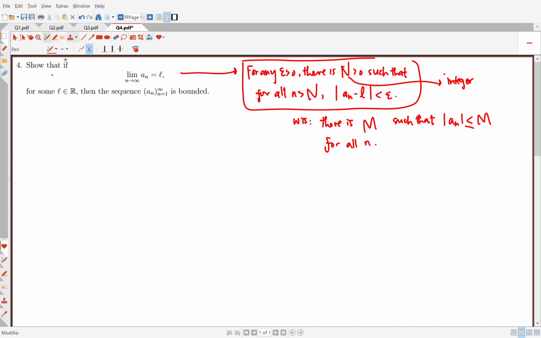So, proof. We know that the limit as n tends to infinity of a_n equal to L means this. This works for all values of epsilon. I can, let's say, take epsilon equal to 1. This epsilon is from the definition of limit.